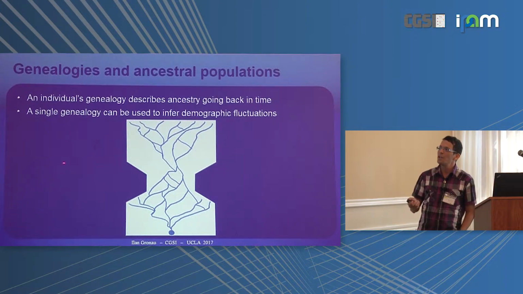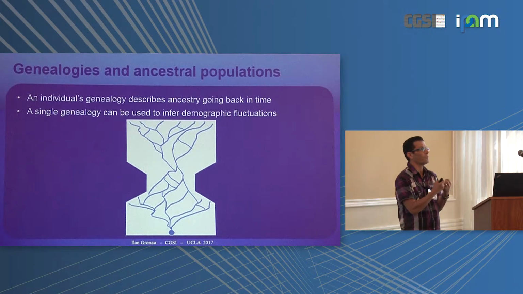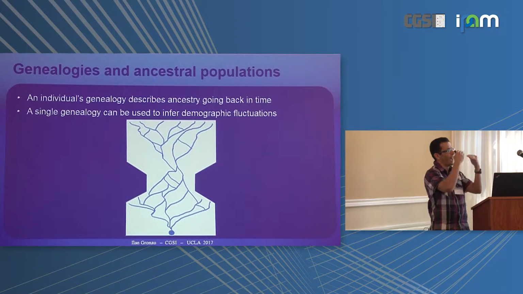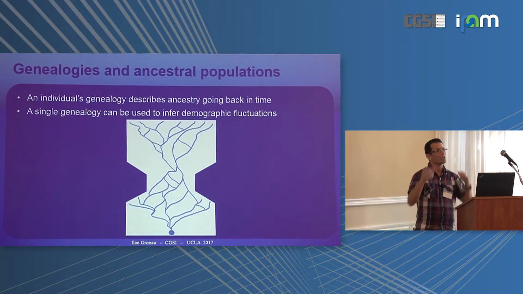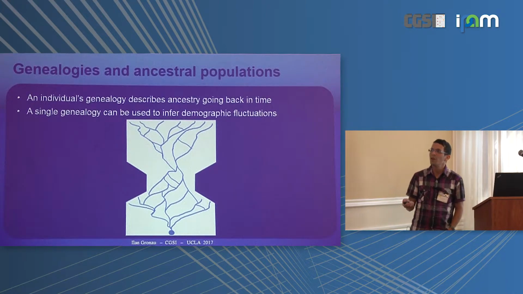A decrease in population size will be observed as an increased rate of coalescent events, because you have few individuals that can act as ancestors, so you're going to see an increased rate of coalescence.